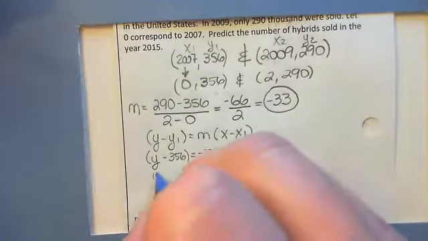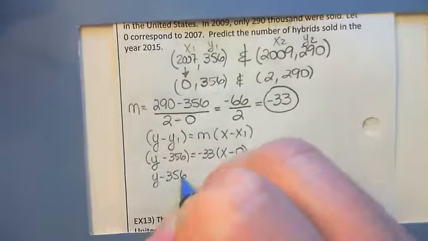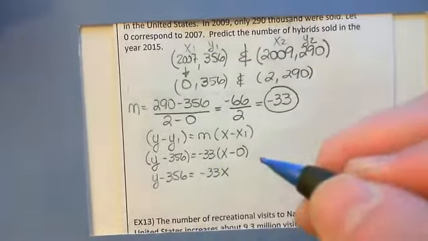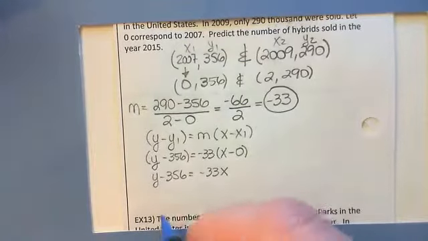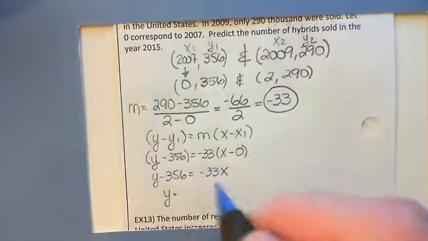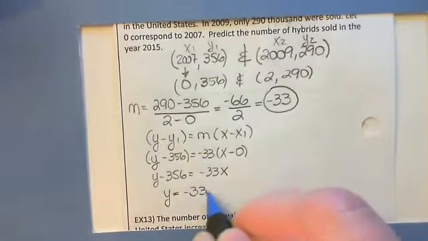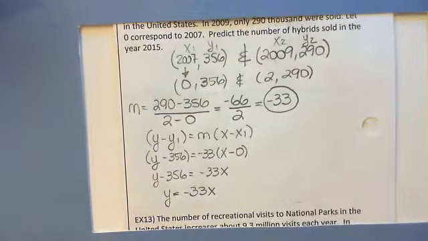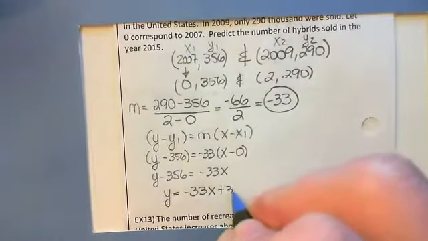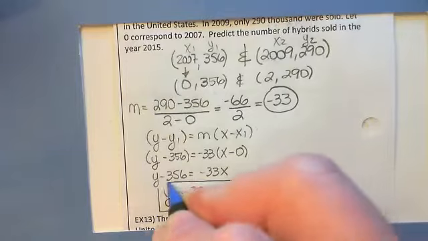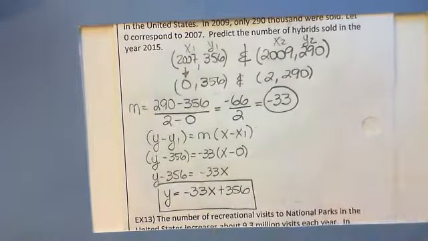So this would be y minus 356 equals negative 33x. And if we want the y alone, we're going to move the 356 to the other side. So it would be y equals negative 33x plus 356. Alright, very well.